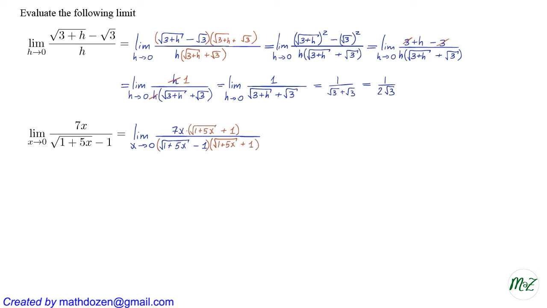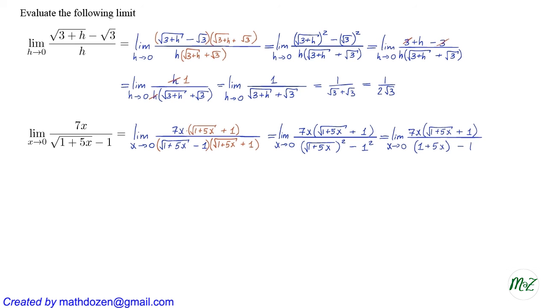So we're going to multiply top and the bottom by the square root plus 1, but this time we're going to work on simplifying denominator, since this is what we try to make simpler. Okay, so in denominator we're going to have the square of square root of 1 plus 5x minus the square of 1. And the square root squared gives us 1 plus 5x, 1 squared gives us 1. And numerator stays the same, I'm not even touching it.